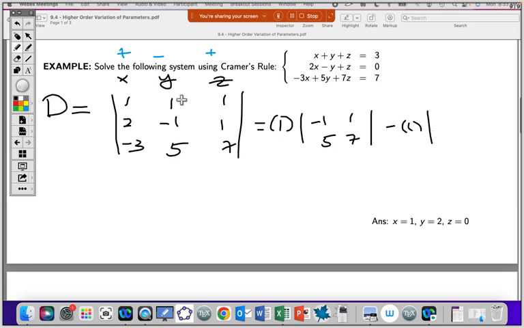Minus 1 times. Wipe out the row and column the Y is in. 2, 1, negative 3, 7. Plus 1, wipe out the row and column the Z is in. You get a 2, negative 1, negative 3, 5. So take a minute and make sure we're all good on the expansion here into these little 2 by 2 determinants.